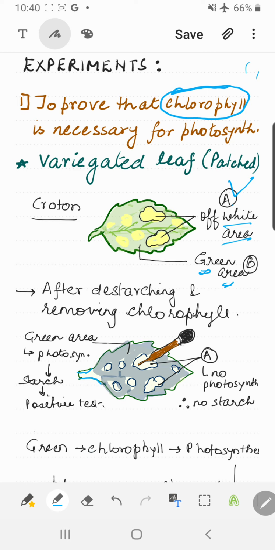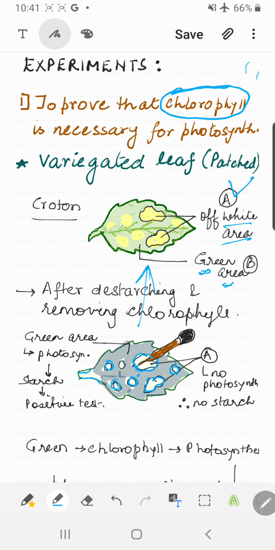When you test it for the presence of starch, when you pour the iodine drops over the leaf, just see only those areas which I have encircled, those areas which were not having chlorophyll did not turn blue black. The rest of the content turned blue black when you poured iodine drops over this leaf.